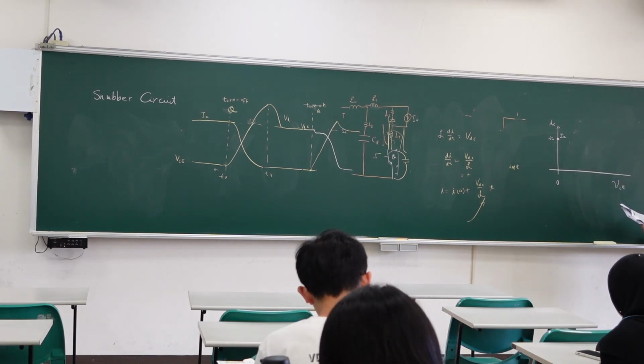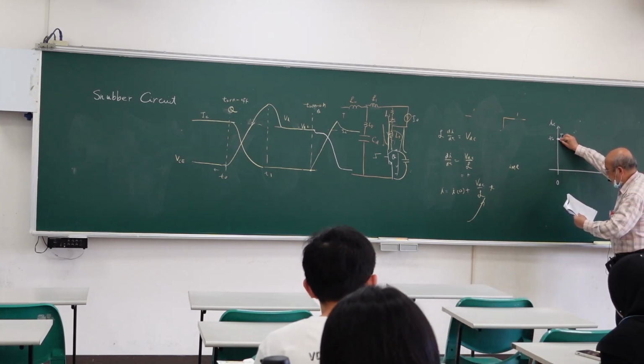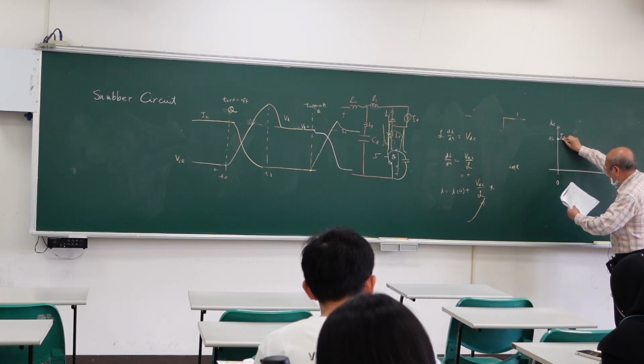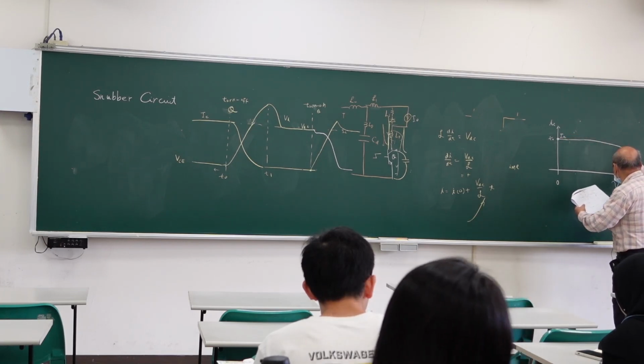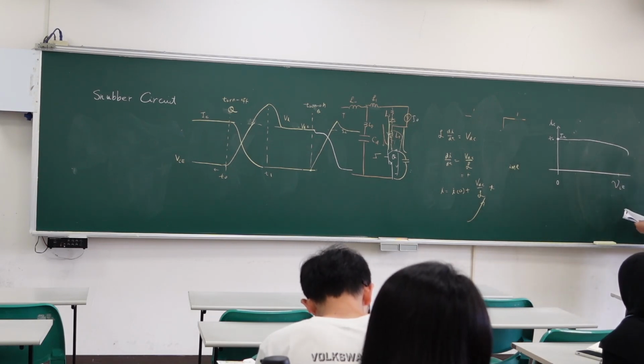So how can we describe the behavior? Voltage increases here, then voltage increases here is larger. Then we have a voltage increase here. And the desire is here.